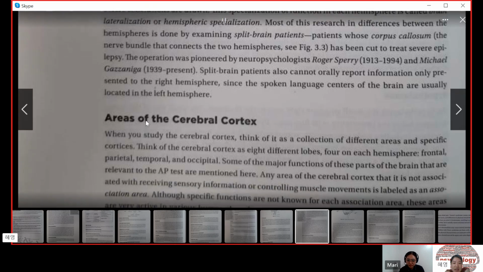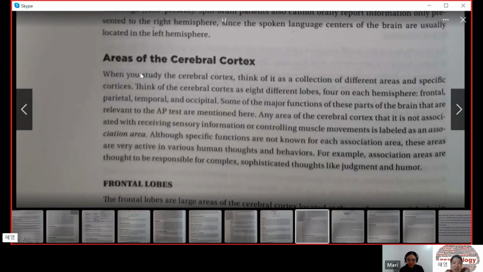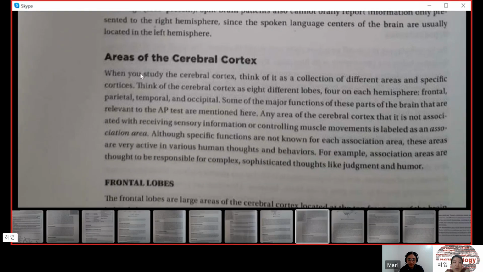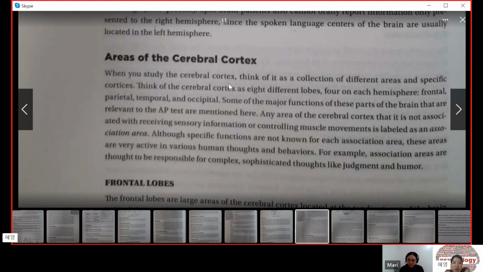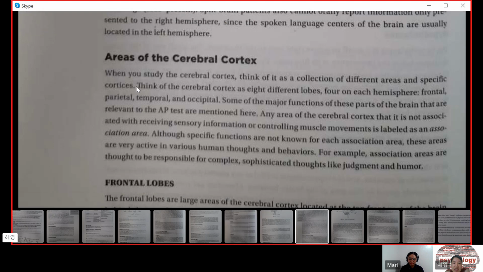And then next is the areas of the cerebral cortex. When you study the cerebral cortex, think of it as a collection of different areas and specific cortices.